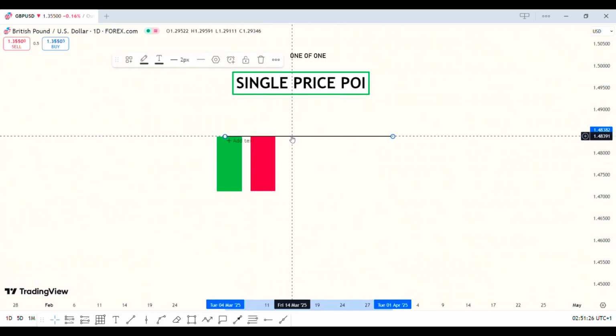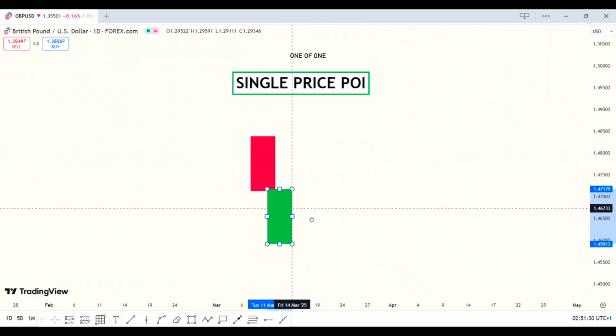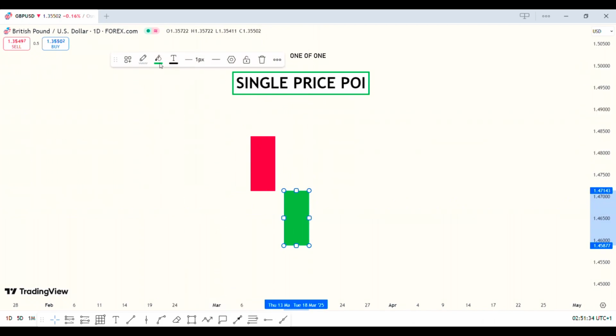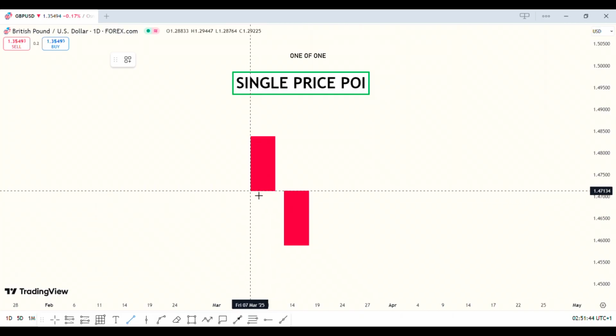We can also have two candlesticks of the same type. So basically we can have two bearish candlesticks. In this case, we are going to be marking out the closing price, not the opening price, right? The closing price of this candlestick here.